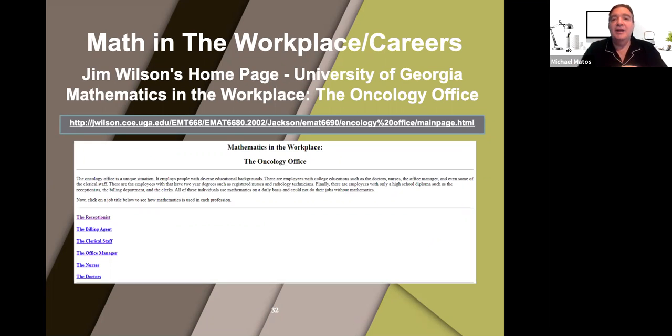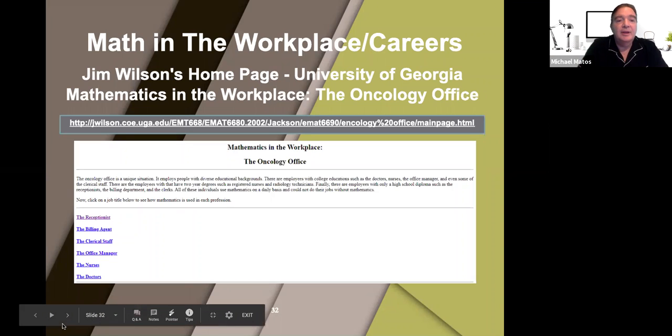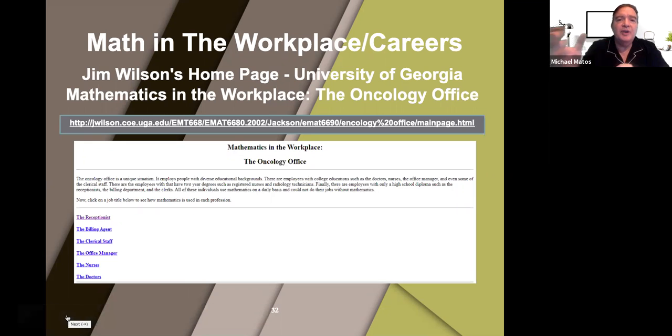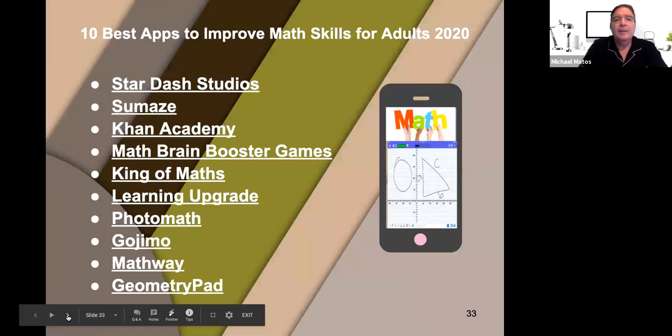It's almost like an actual series that takes place on the job, and he goes through the receptionist, the billing agent, the clerical staff, and points out these skills that are needed for different situations while on this job. Of course, math related. It's very nice. Unfortunately, this is the only page there is on this, but it is still active, and you can get a lot out of it and maybe figure out how to create your own.